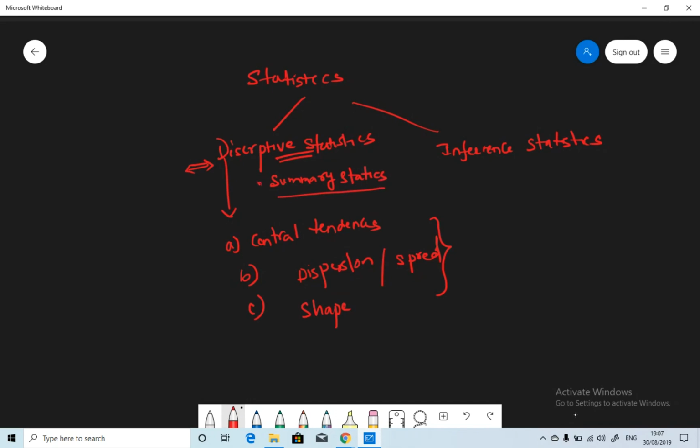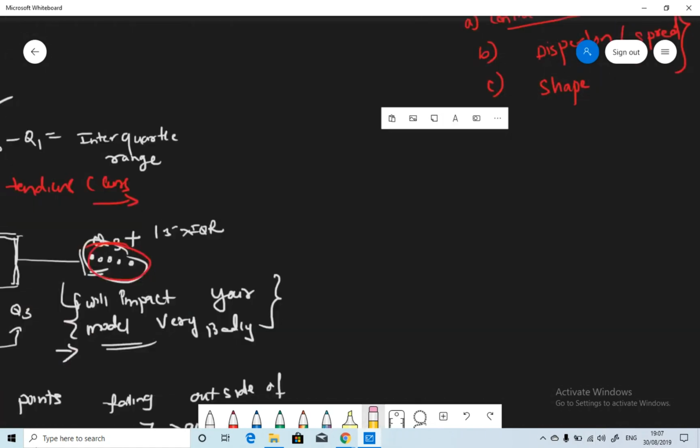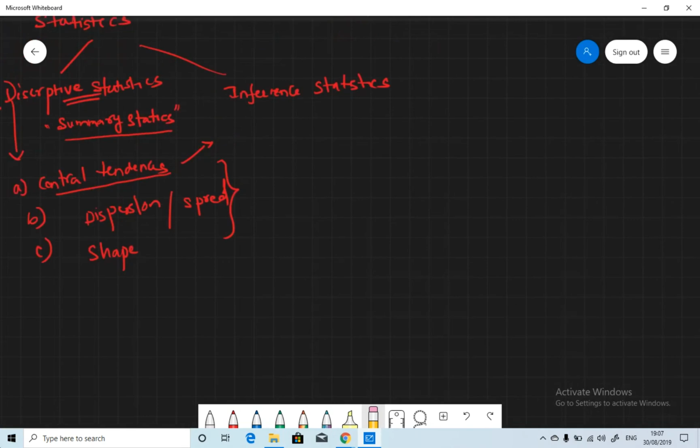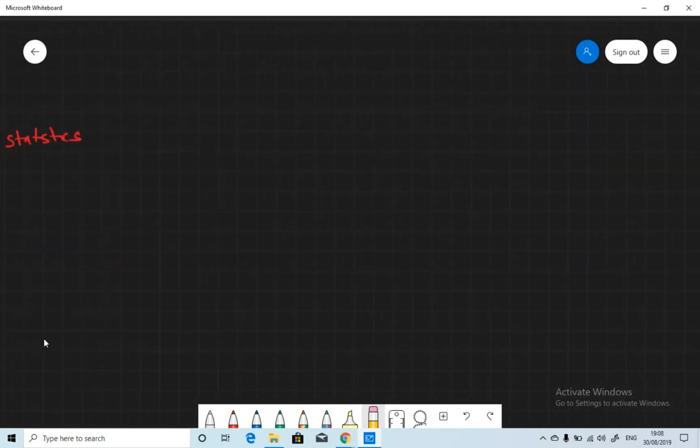Right now, what are the central tendencies? Can anybody tell me what the central tendencies are?